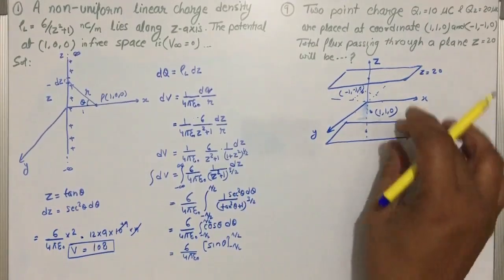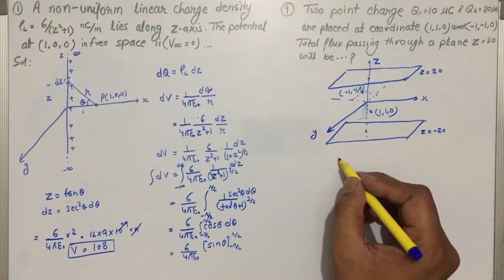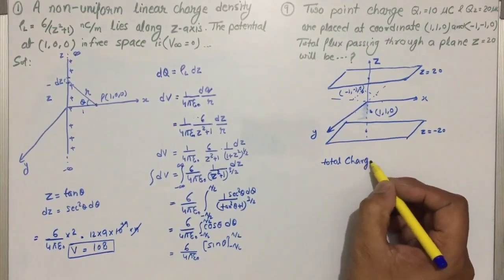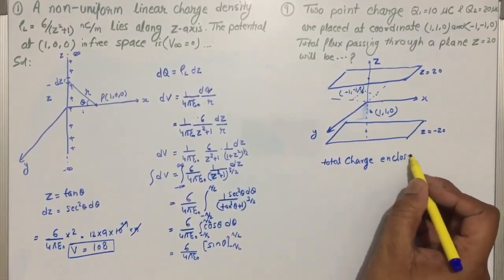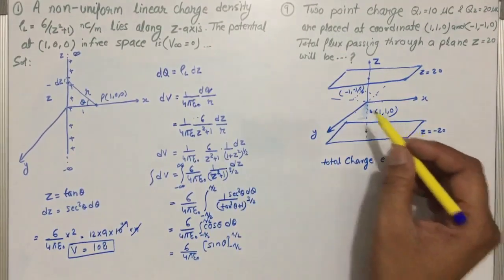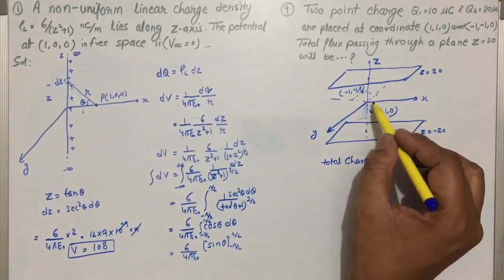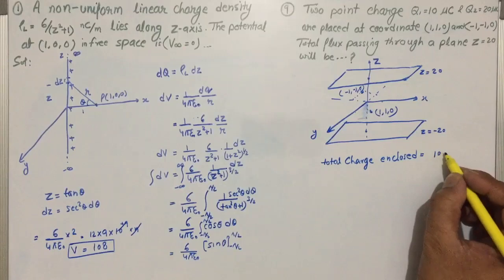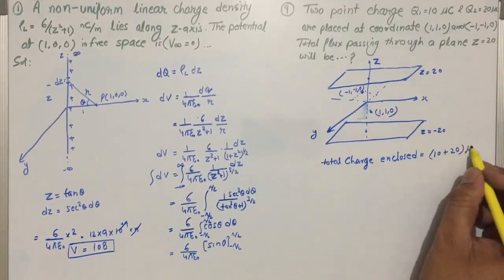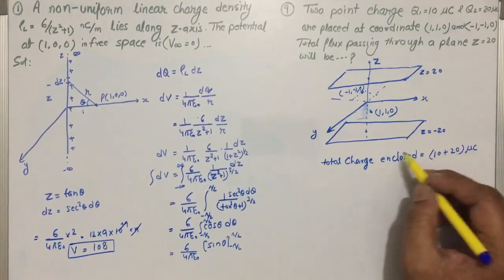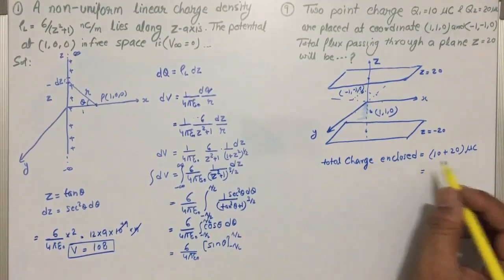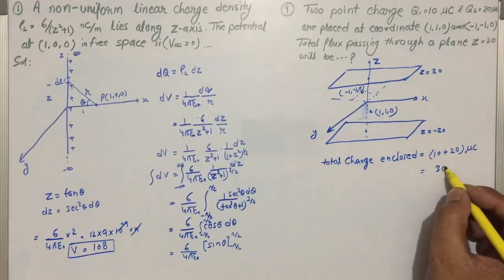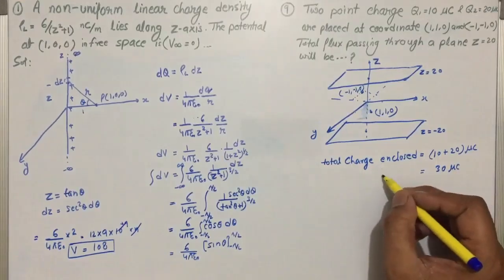So the total charge enclosed by these two is, at this point the charge is 10 microcoulomb, at this point the charge is 20 microcoulomb. So the total charge is 10 plus 20 microcoulomb, so 30 microcoulomb will be the total charge enclosed.